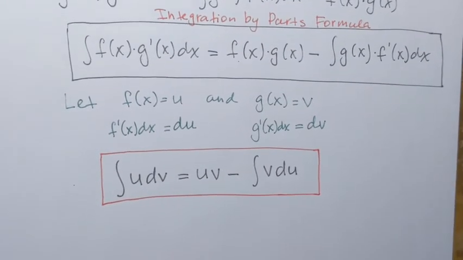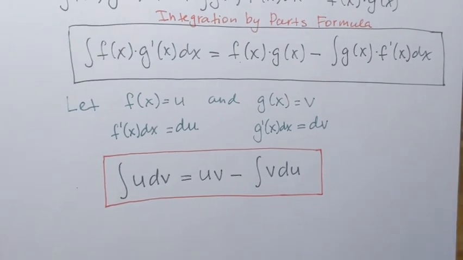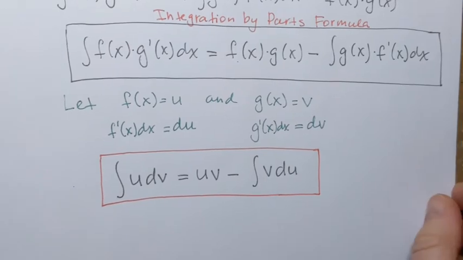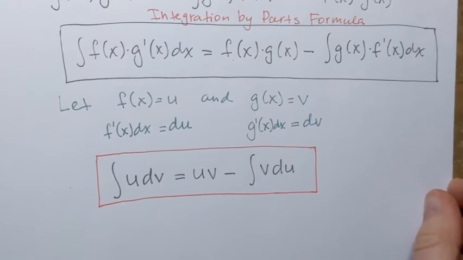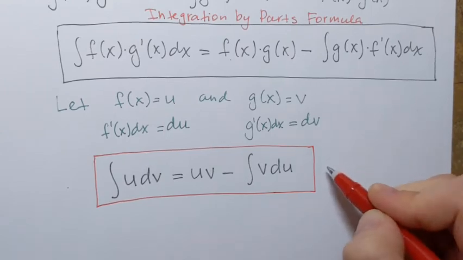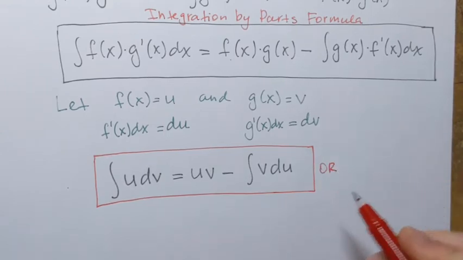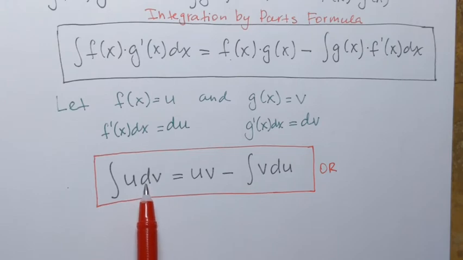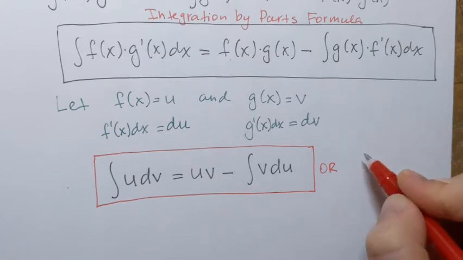There's also another way to write that formula, just in different notation. I'll write it on the side. You can use either one of those two, and you can come across either one of those two as you look at different resources. I can also use prime notation. So instead of writing dv, which also means the derivative of function v, I can write v prime.